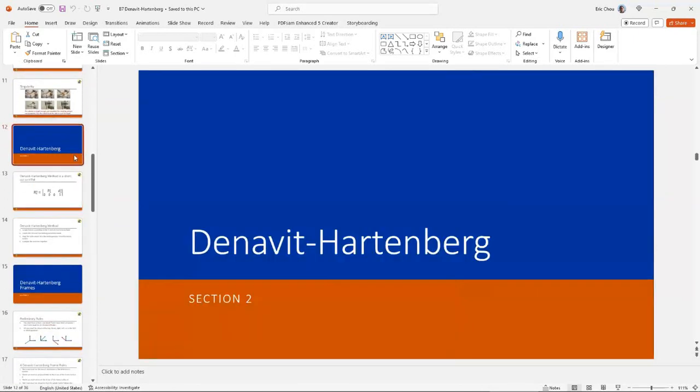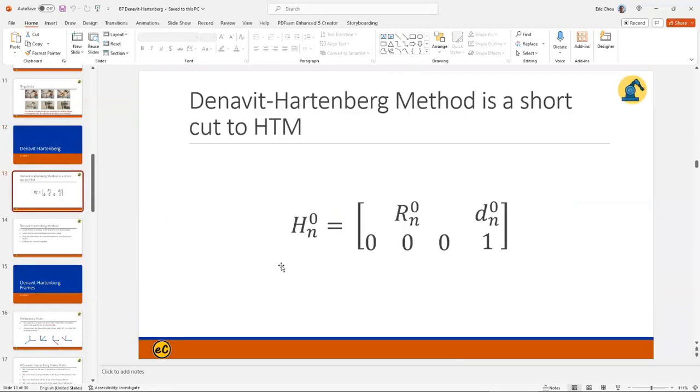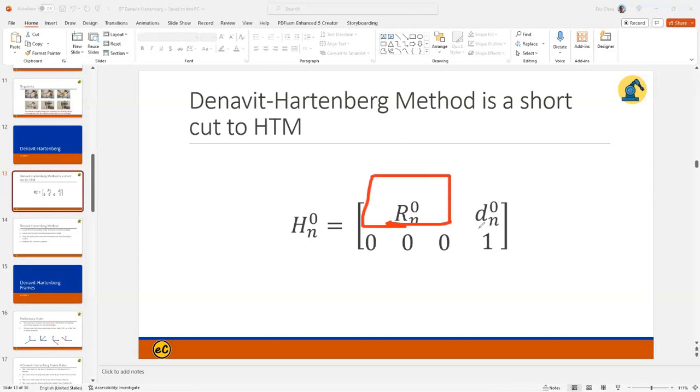Okay, next one, Denavit-Hartenberg table. So Denavit-Hartenberg is based on the homogeneous transform matrix. For the homogeneous transform matrix, you have a 3-dimensional rotation matrix, 3 by 3, and then a 3 by 1 displacement vector.